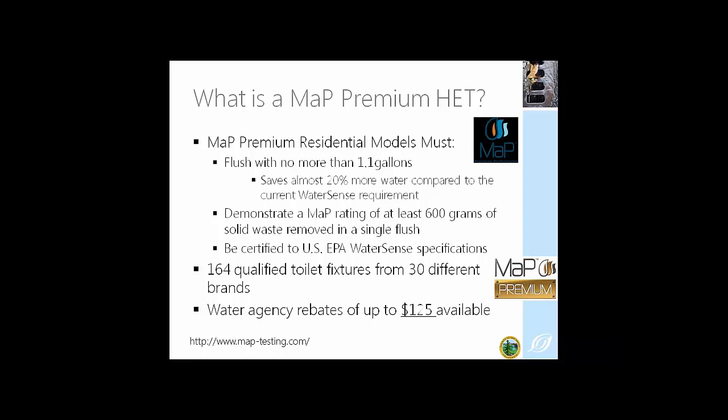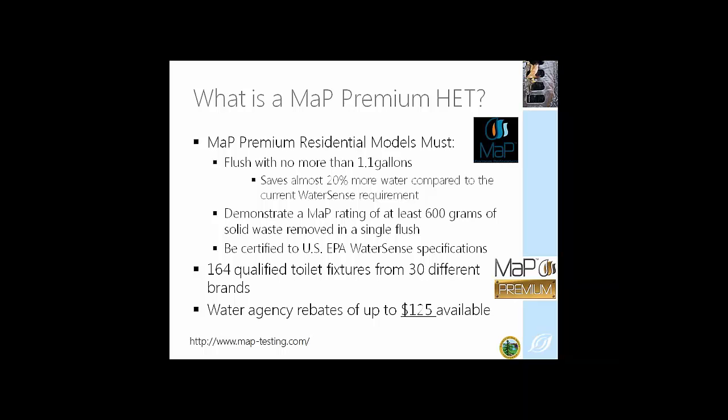If you're interested in ramping up your savings beyond high efficiency, you can install a MAP Premium high-efficiency toilet. It has more stringent requirements than the standard high-efficiency toilet. It has to be certified to Environmental Protection Agency specifications, and BOSCA.org provides a list of these requirements, as well as a link to over 164 toilet fixtures that qualify as MAP Premium.